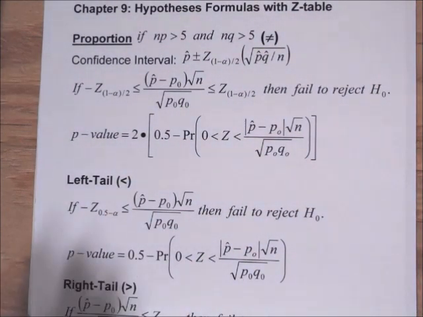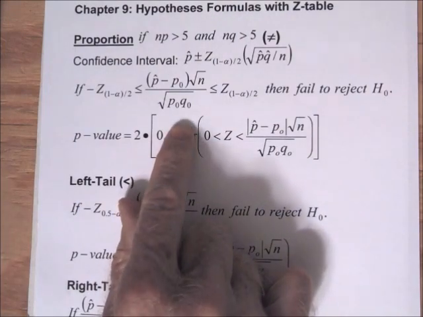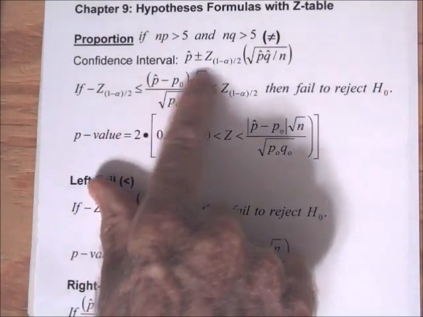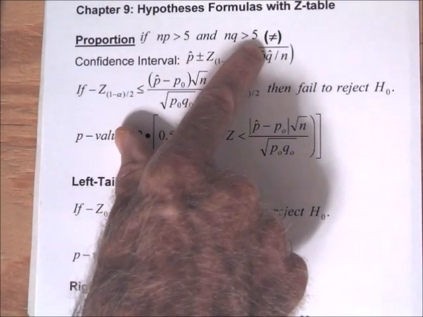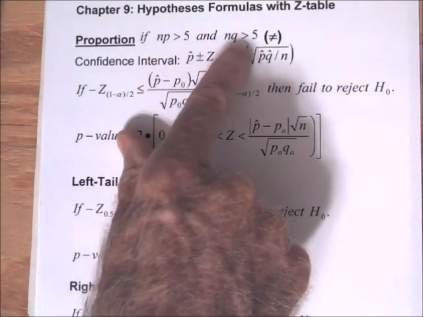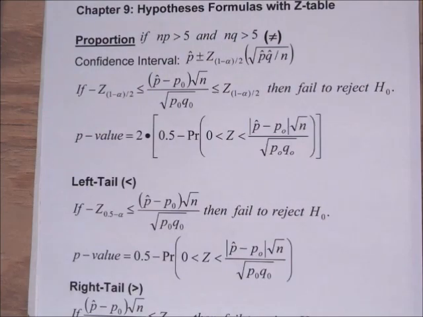We have the formula for testing a population proportion, and we can apply this formula if nP and nQ are at least 5. n would be the sample size, P would be the proportion of the population with a characteristic, and Q would be the proportion without that characteristic. For example, P would be the proportion cured, and Q the proportion that were not cured.